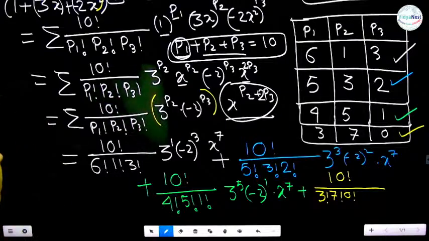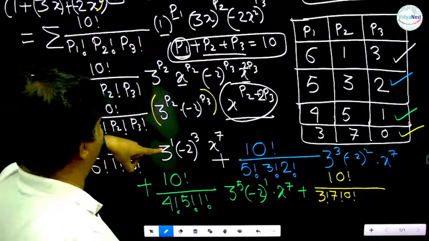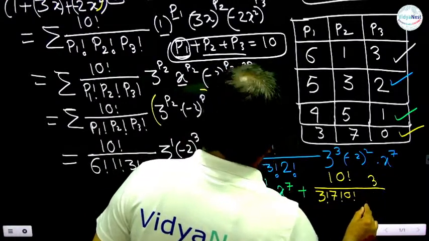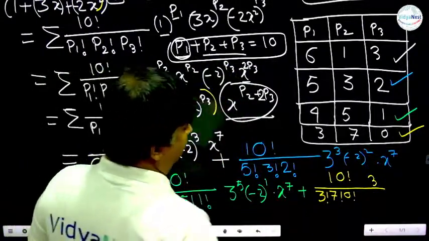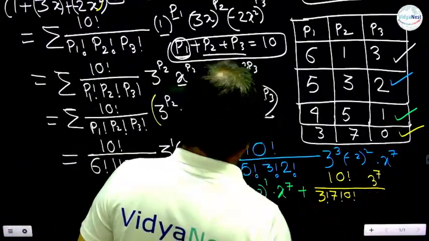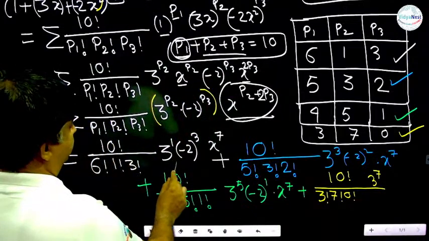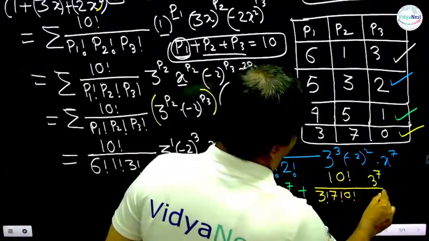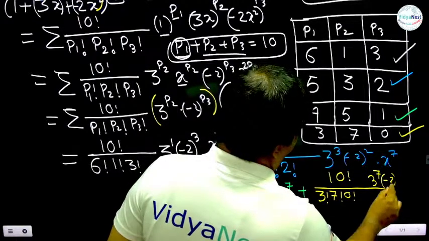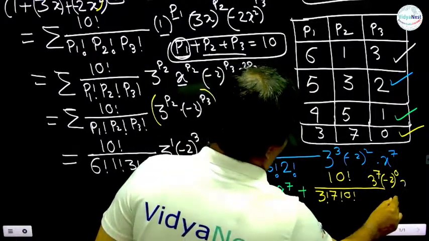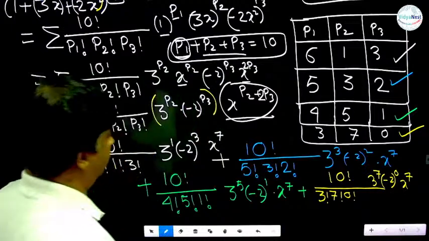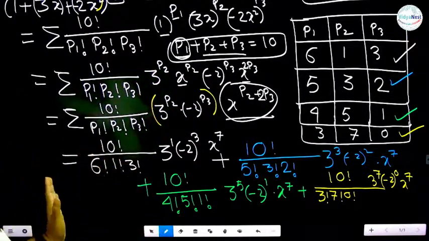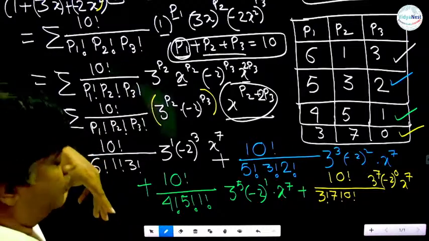Yes sir. And here 3 to the power P2, P2 is 7 now. Then minus 2 to the power P3, that is 0, into x to the power 7. Okay sir, so all the coefficients of x to the power 7 in the expansion we have got.